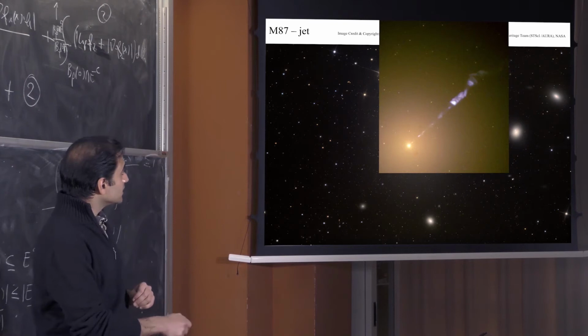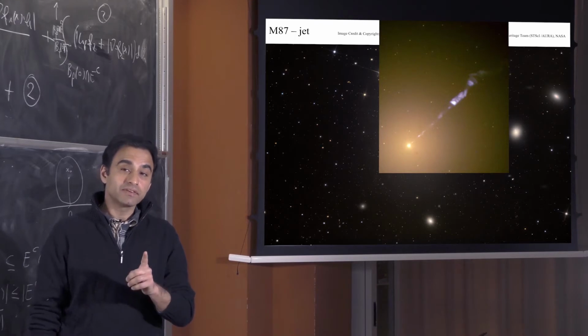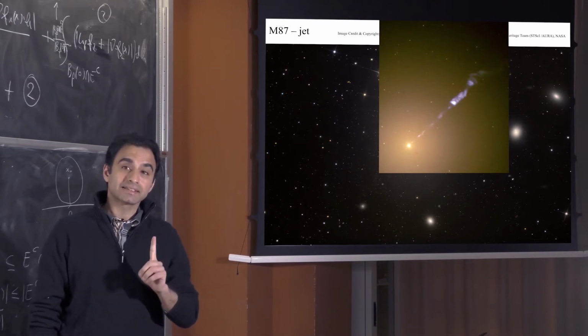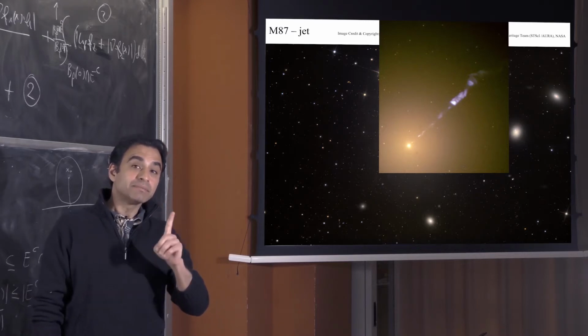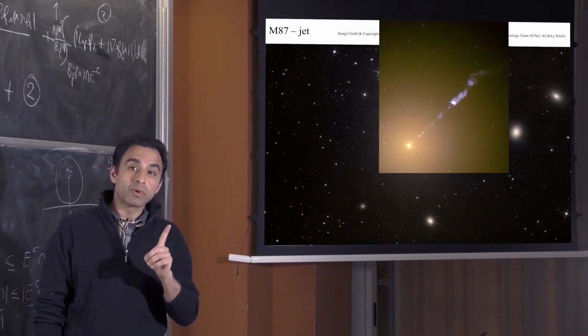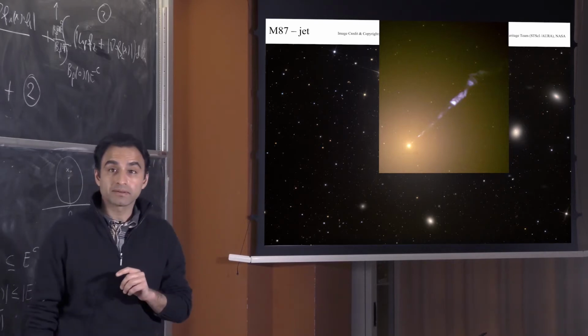There is a huge feature coming out from the center of the galaxy. It's a jet. This feature is indicative that this galaxy is active. So what that means is that there is something else generating power, in this case, kinetic power, responsible for the jet.